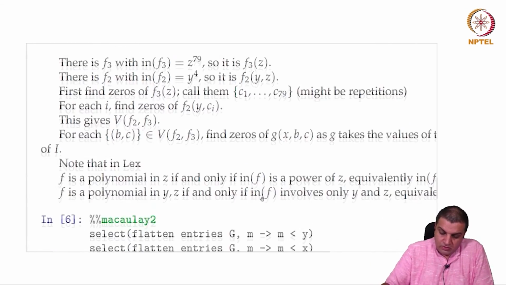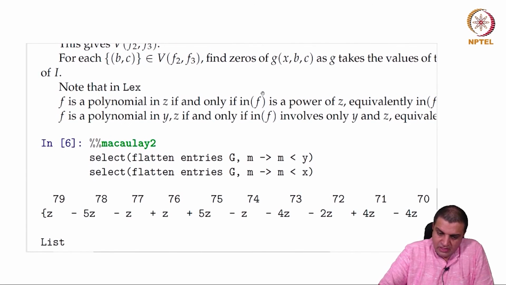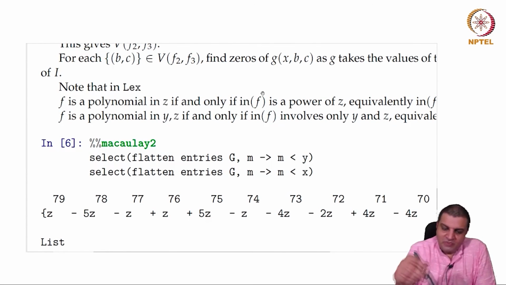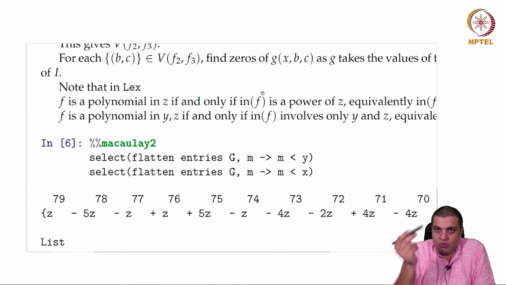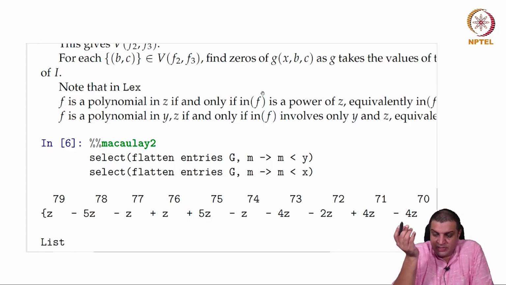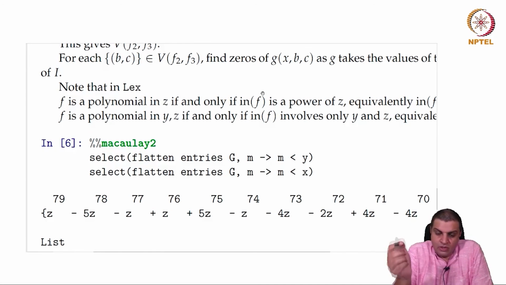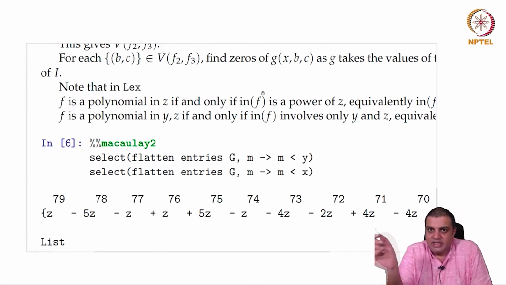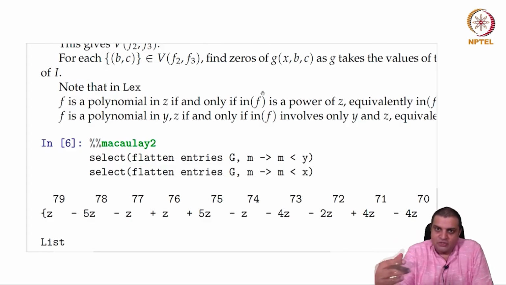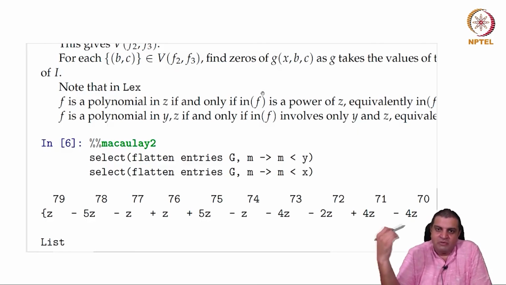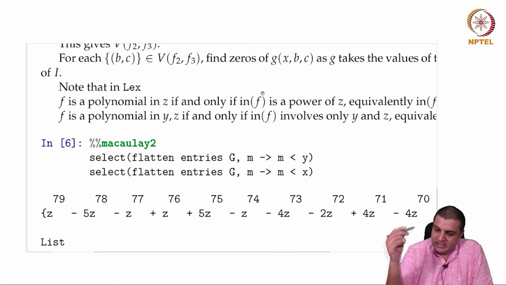Here is just a little bit more introduction to Macaulay2. How would we pick out, among the elements of the Gröbner basis, those which involve only z, or those which involve only y and z? How do we ask Macaulay2 to pick them out for us? Of course, if it's written out, we can glance at it and pick them, but that is a little tedious.